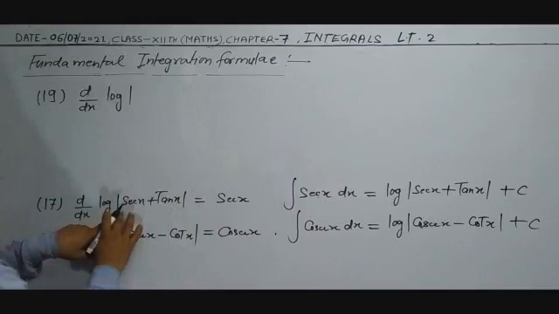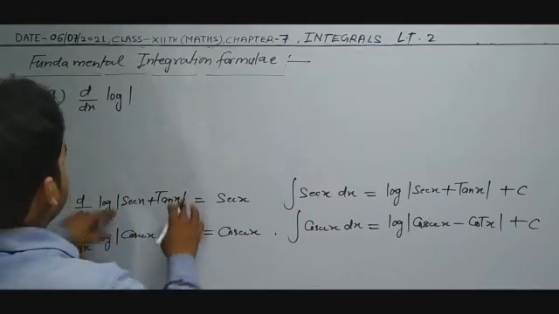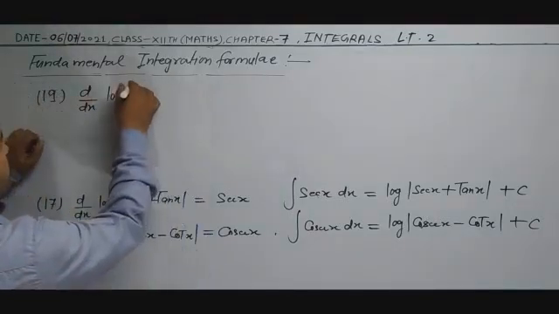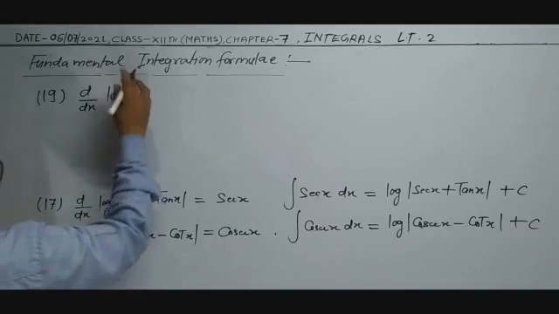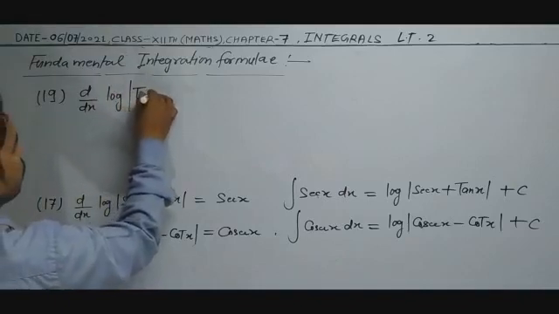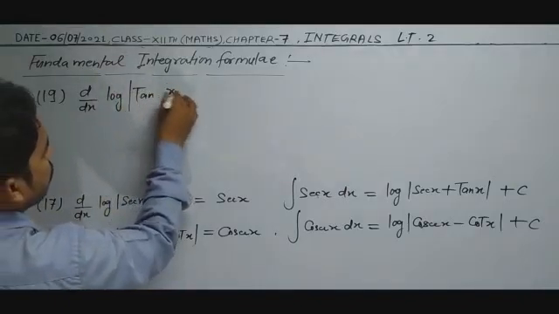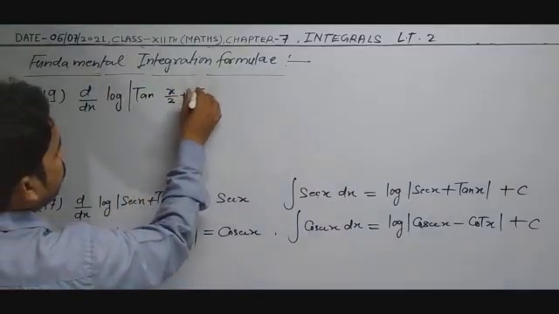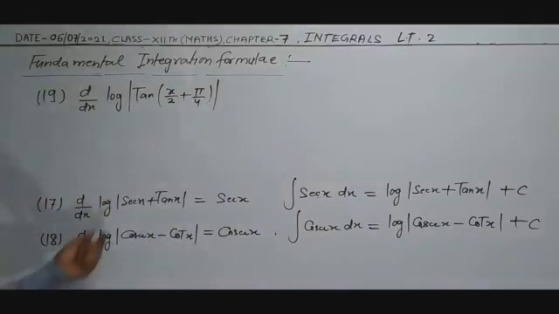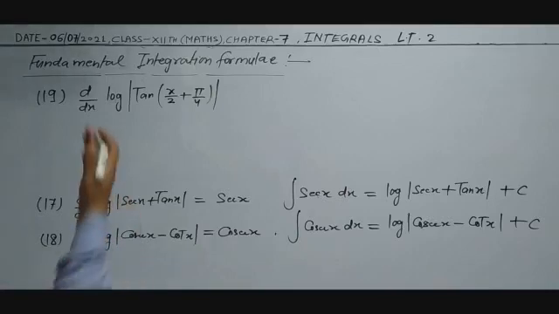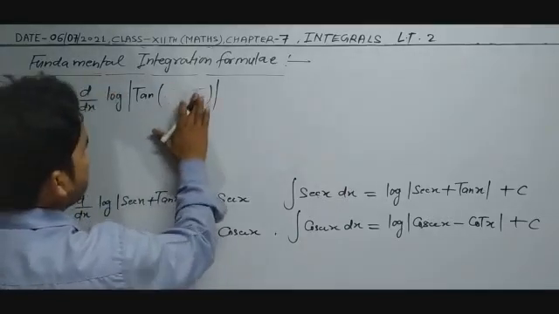The calculation of sec x plus tan x can be converted into tan. You can write log of tan of (x by 2 plus pi by 4). When you solve sec x plus tan x, you will get the same value, tan of (x by 2 plus pi by 4), or pi by 4 plus x by 2 you can write here.